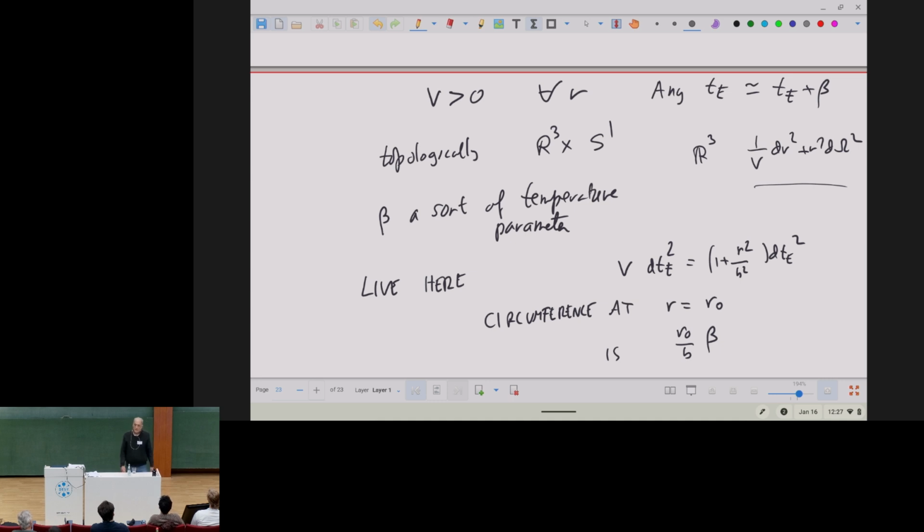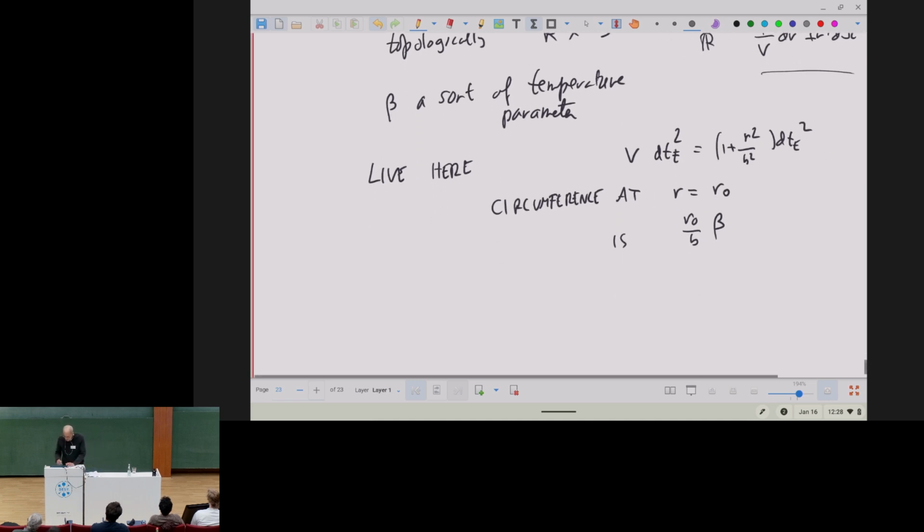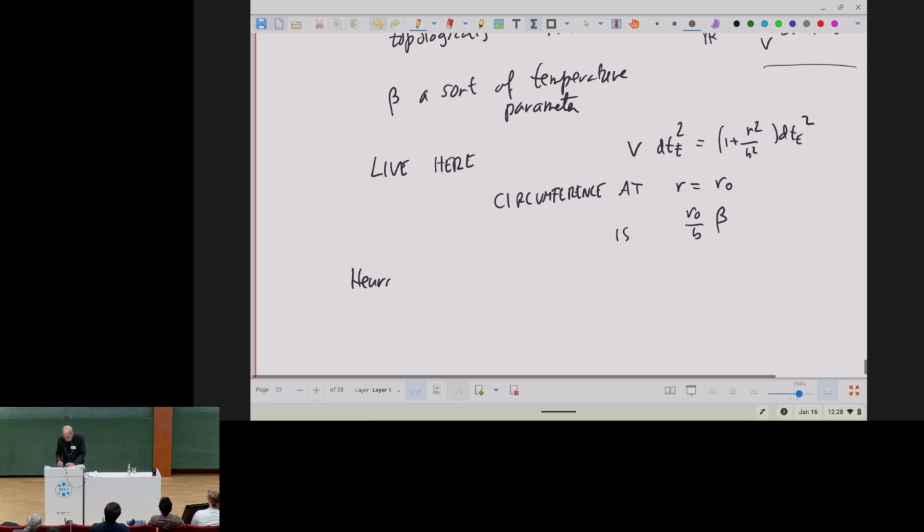So whatever energy you have, it's too much if you're near infinity, because any particle has much more energy than the temperature if beta is going to infinity. So that's a heuristic explanation: any particle that goes off to infinity is reflected back.